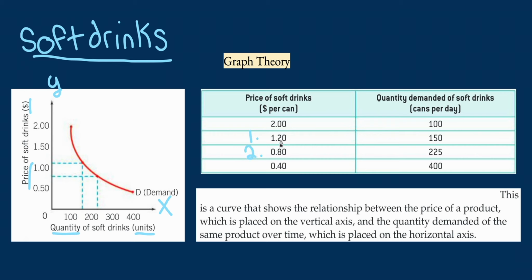And at this price of $1.20, 150 units are being demanded. Okay, hence, if you go across 120 and you go down to the x-axis, this is about where 150 units takes place. Okay, same with 80 cents. 80 cents, which is a decrease in the price, will cause an increase in the quantity to 225. Again, let's go across at 80 cents. Oh, we land at 225.